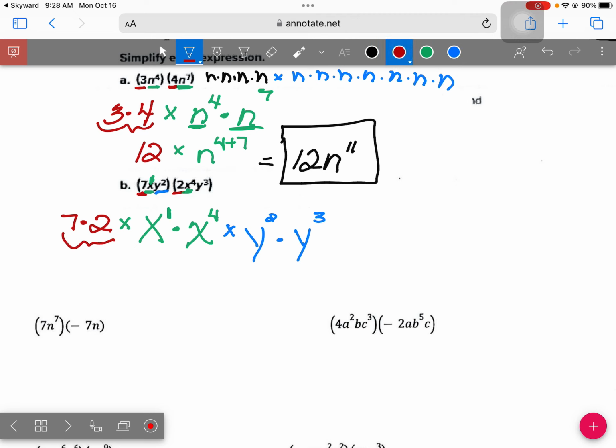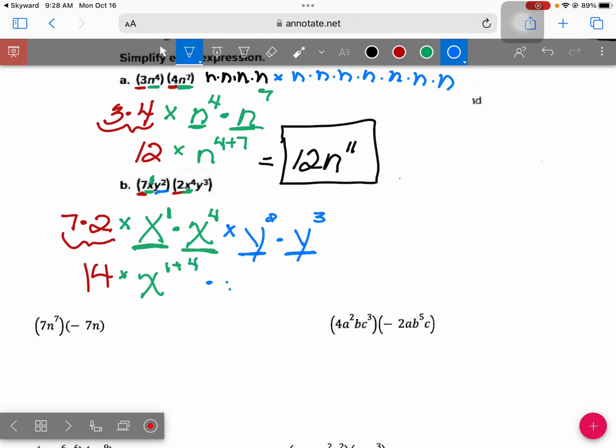So 7 times 2, I know that's 14. x to the 1st times x to the 4th. If you have the same base, and I like to do this at the beginning, underline the same bases so it's very visually obvious to you. You keep the base and you add the exponents. y to the 2nd times y to the 3rd.